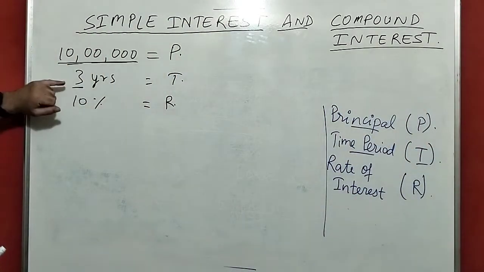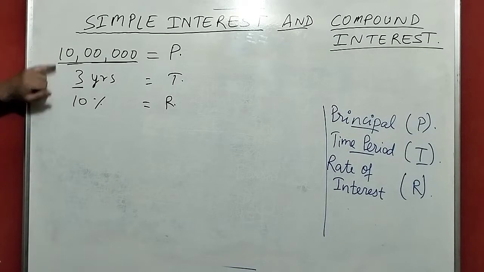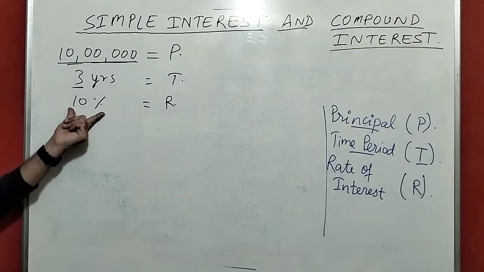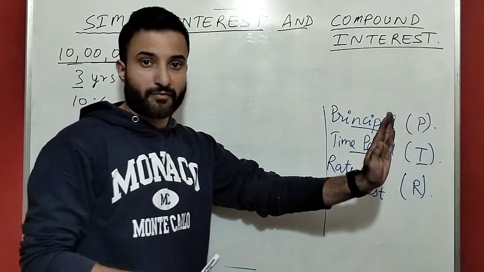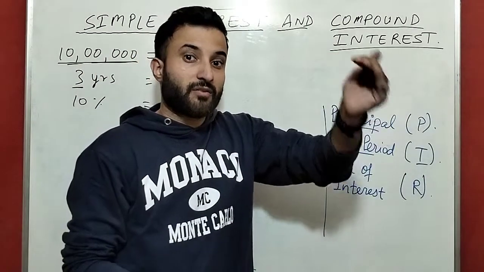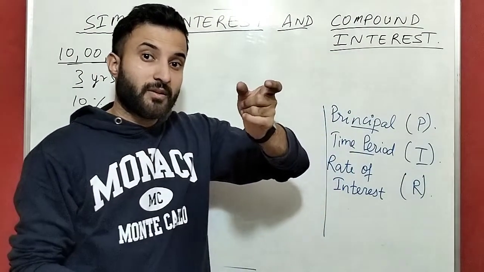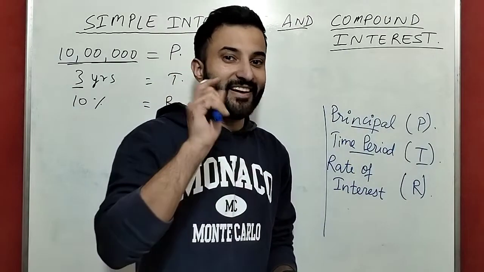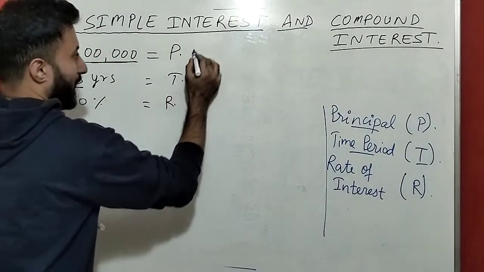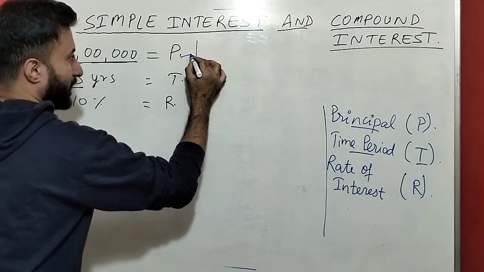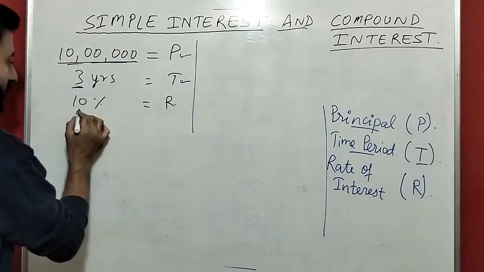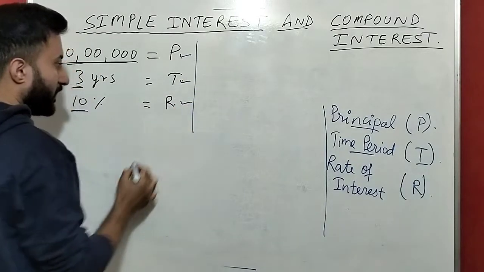After 3 years, I am going to return this 10 lakh rupees. But after applying this rate of interest, how much extra charge do I have to pay for this 10 lakh rupees? So guys, what is the extra charge? Very good. The extra charge is the interest. So I took a principal of 10 lakh from the bank for a 3-year time period at a rate of interest of 10%.